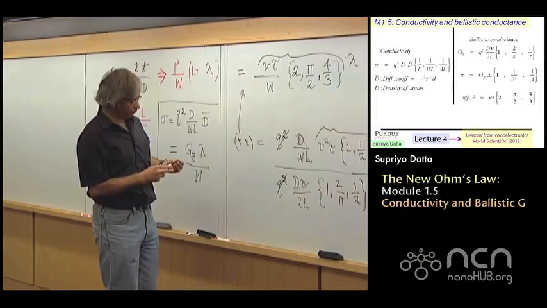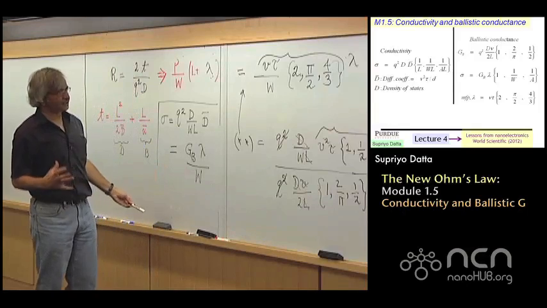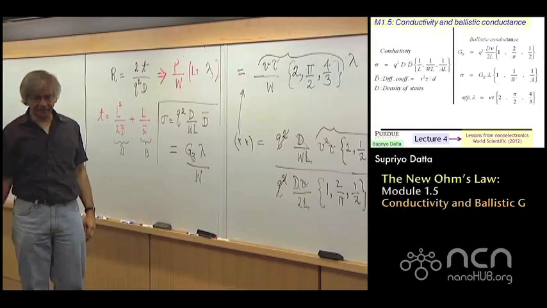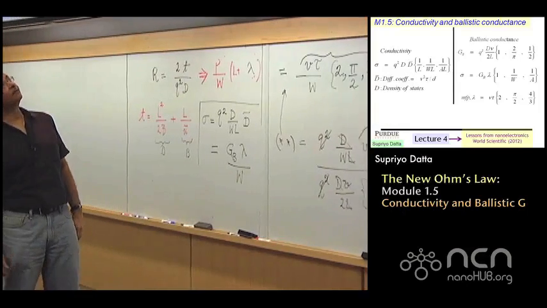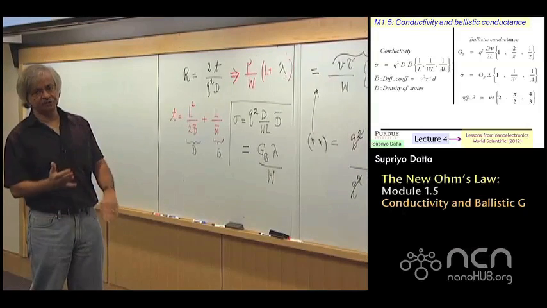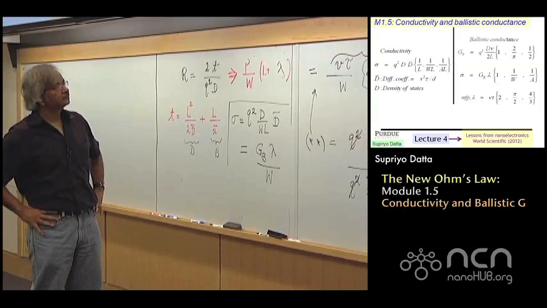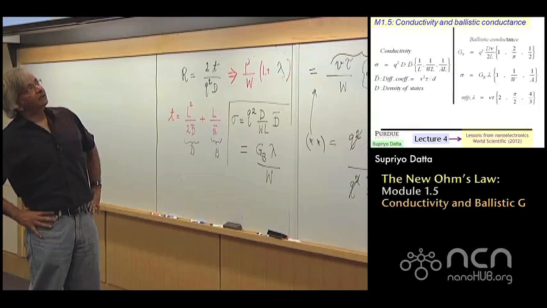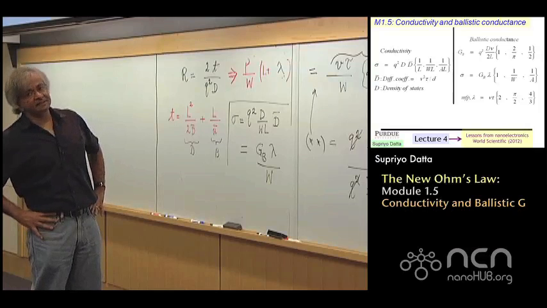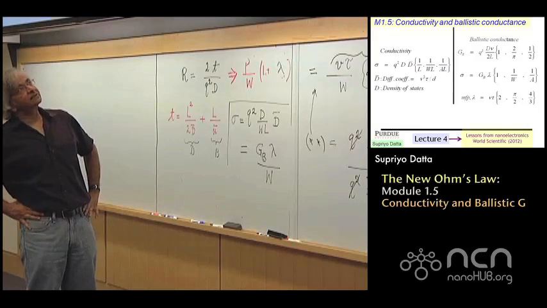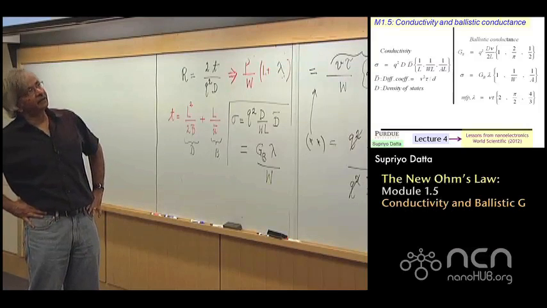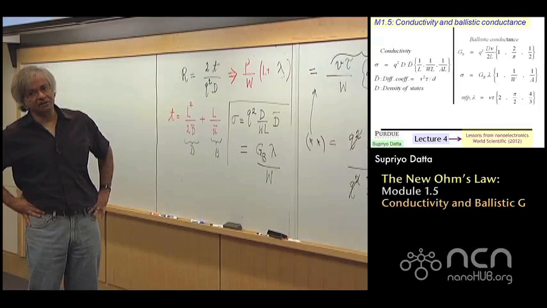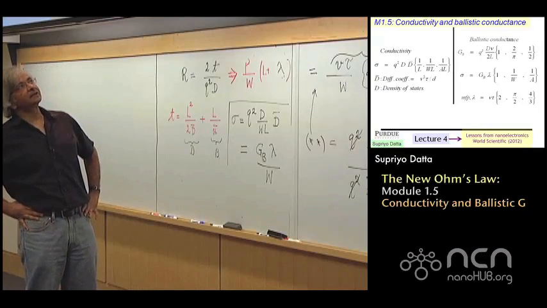Okay? So those are the 3 equations up in the slide, which we'll have occasion to refer back to. One is the expression for conductivity that we obtained. The next is the expression for the ballistic conductance. And finally, how the conductivity can be expressed in terms of the ballistic conductance.